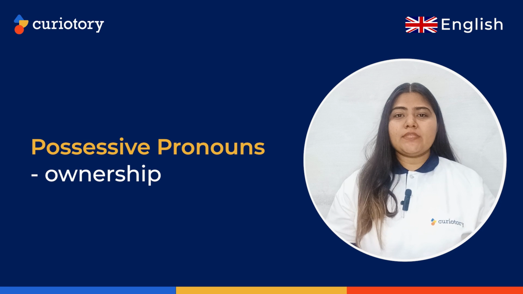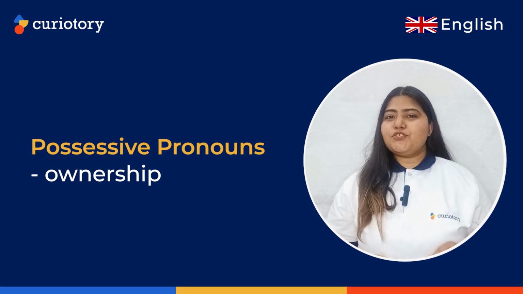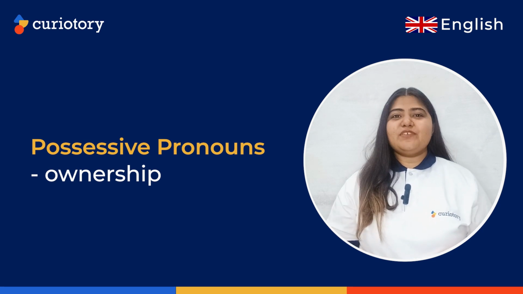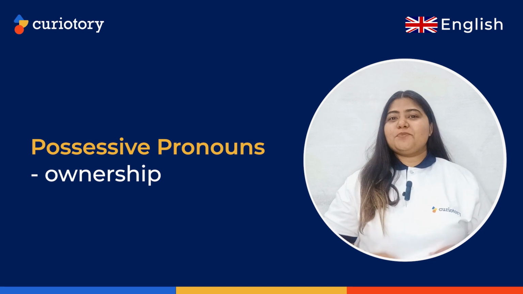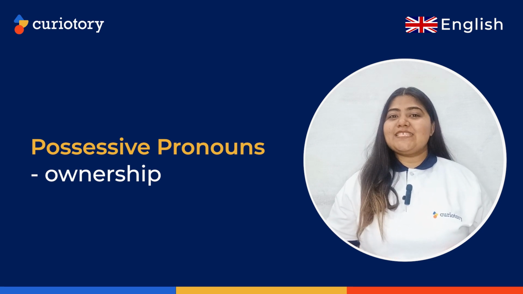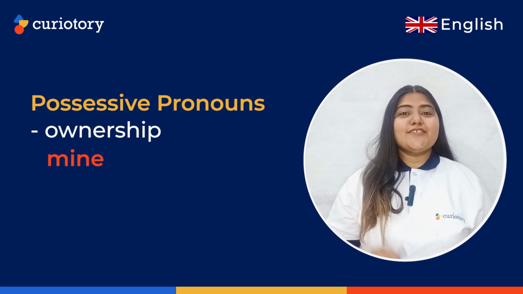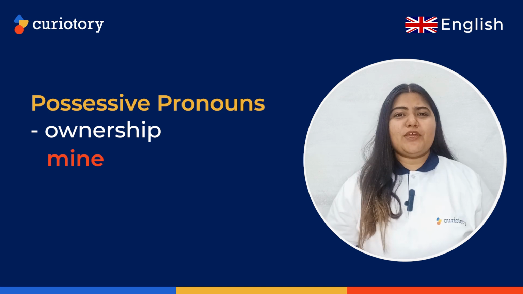Okay, if I say this pen is mine, do you think I am taking ownership of this pen? Definitely, I am taking ownership of this pen. What is the pronoun in this sentence? This pen is mine. Mine, exactly. So mine is one of the examples of possessive pronoun.